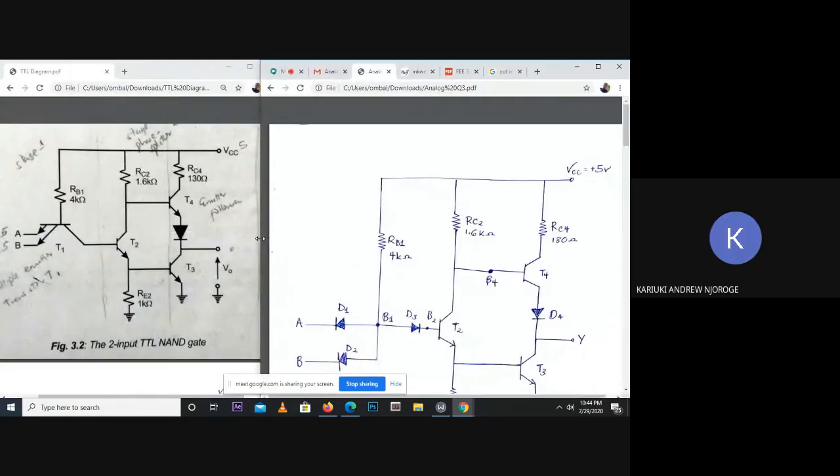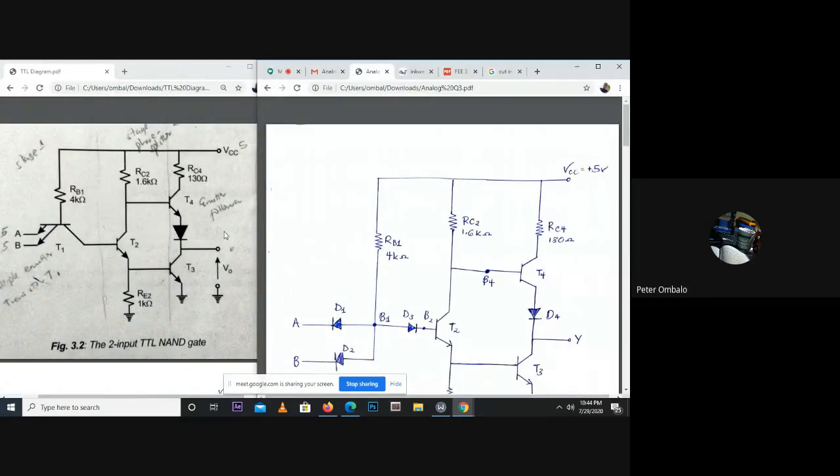Yes. Okay, so on the left here is an image of what a TTL NAND gate looks like. I believe all of us are familiar with it. It has two emitters, and then the base and the collector have been put together for the two transistors.